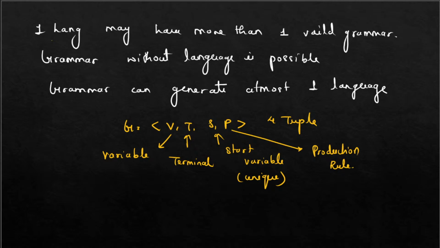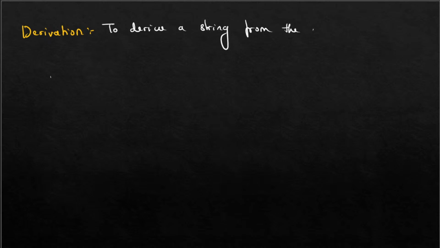Now let's see the derivation part of this. Derivations. The very first thing is to derive a string from the grammar. To derive the string from the grammar, what do we do?